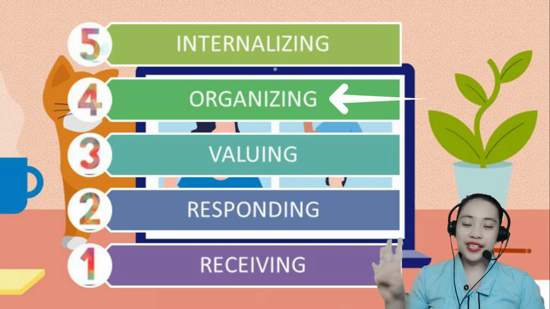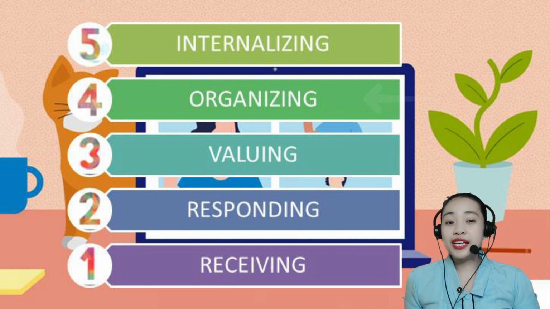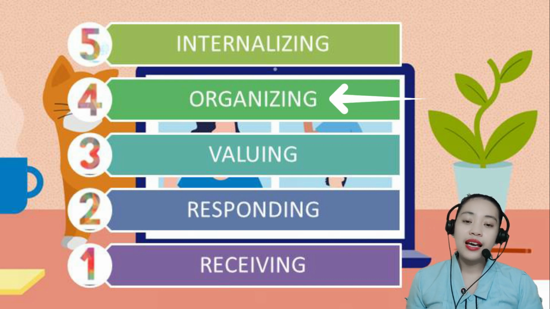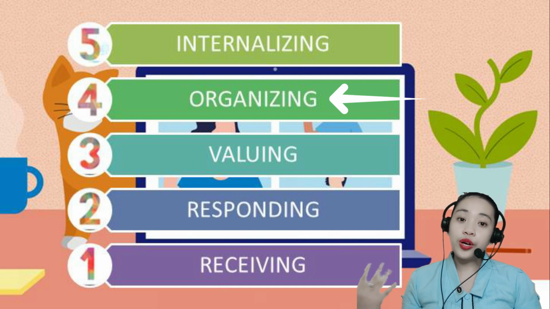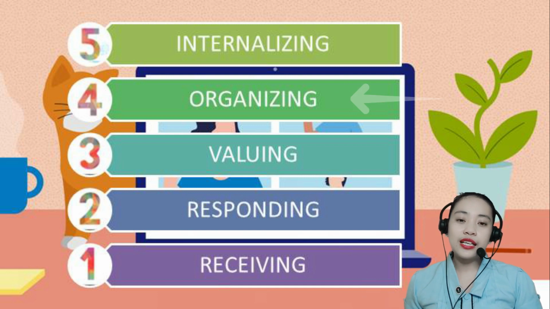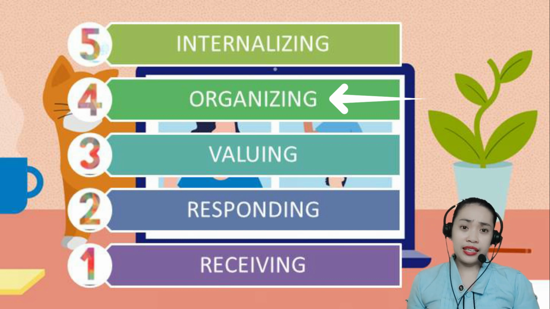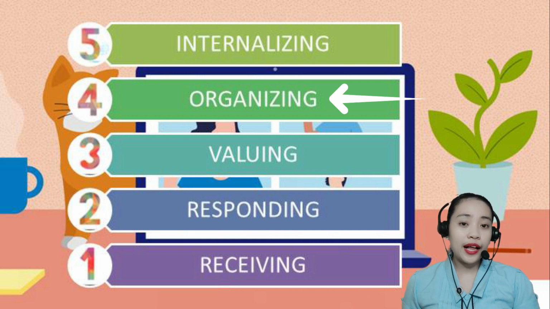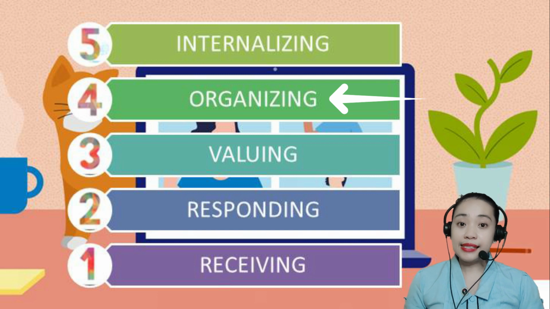The fourth level is organizing. Organizing involves putting together different values, information, and ideas, then relating them to already held beliefs to bring it into an internally consistent philosophy. Essentially, it is the ability to prioritize one value over another and create a unique value system.